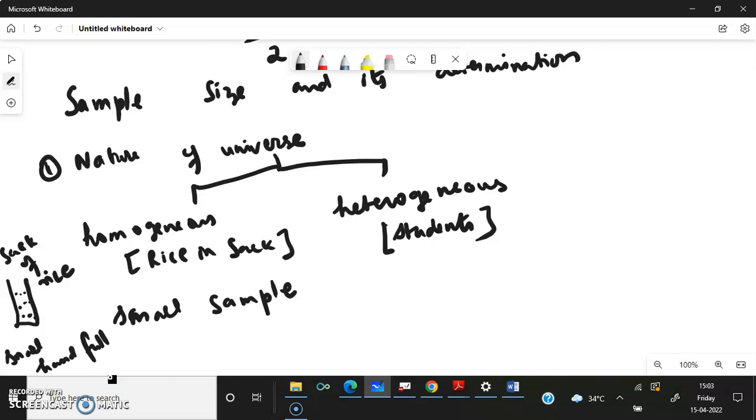So a small sample is enough if the population is homogeneous. If the population is heterogeneous, we need a large sample.